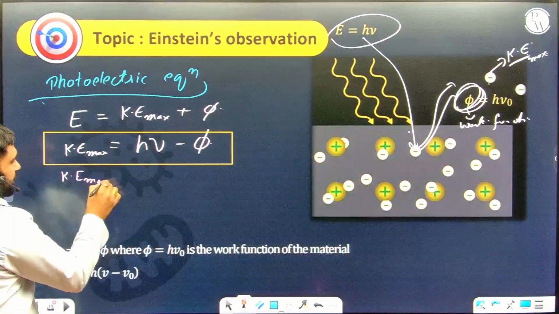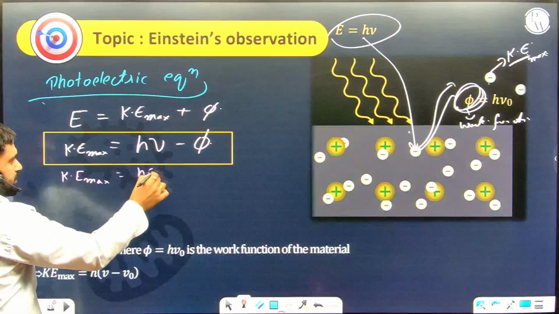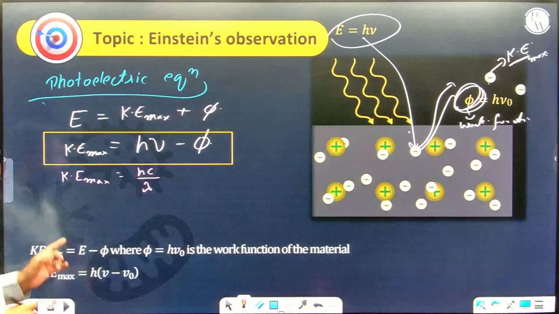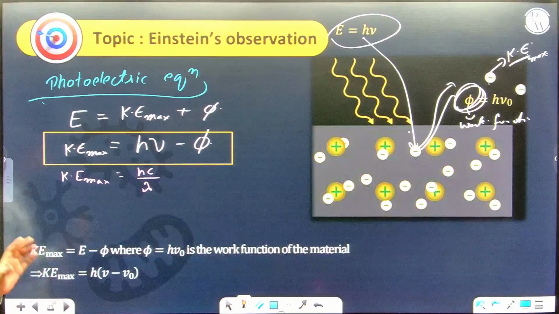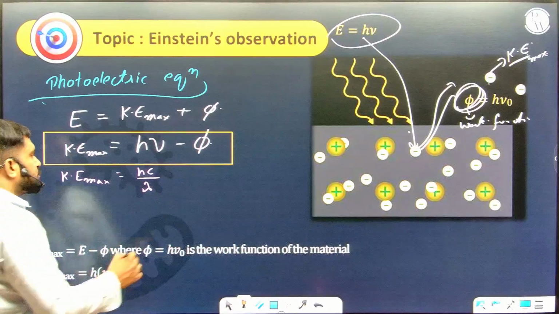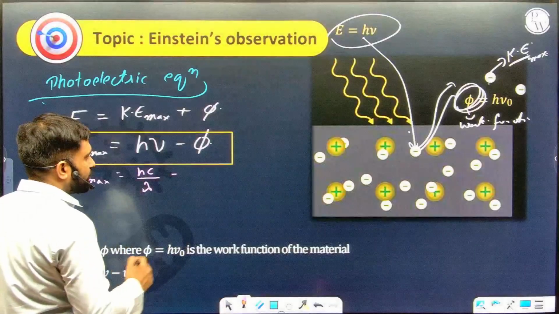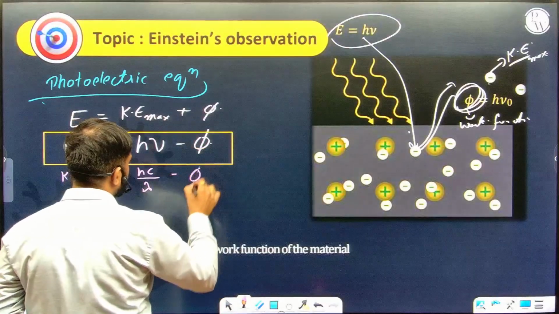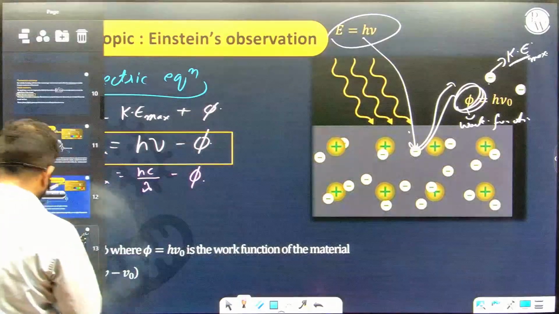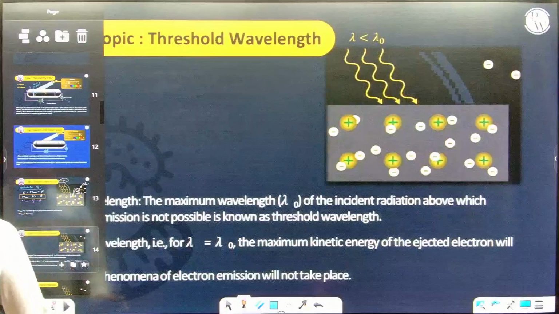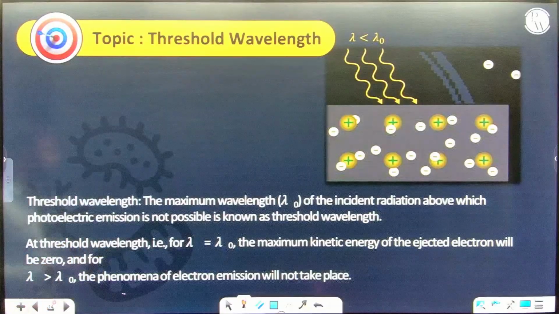I can convert this h nu as hc by lambda, because we saw that energy is 12400 upon lambda in angstrom, so it's in electron volts. This work function is phi. Then some more formats we are going to discuss based upon the threshold frequency and the threshold wavelength.